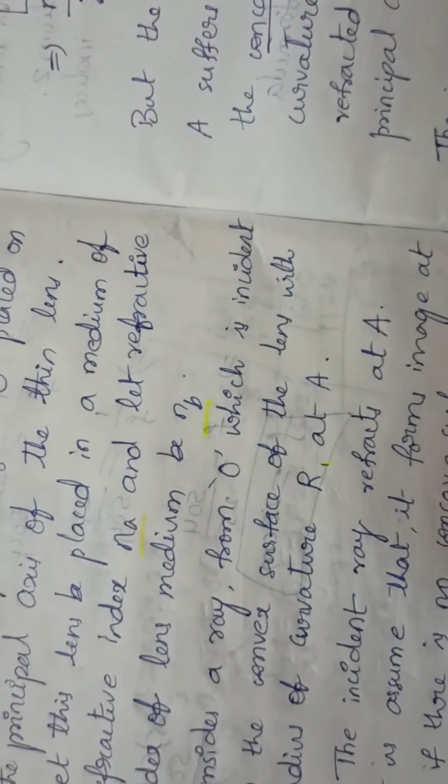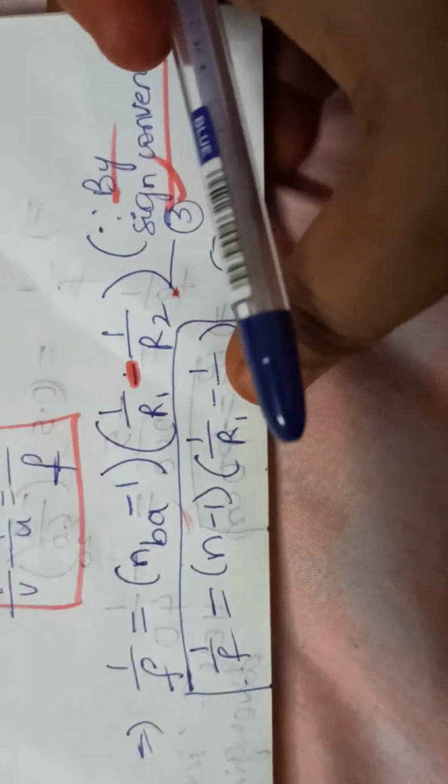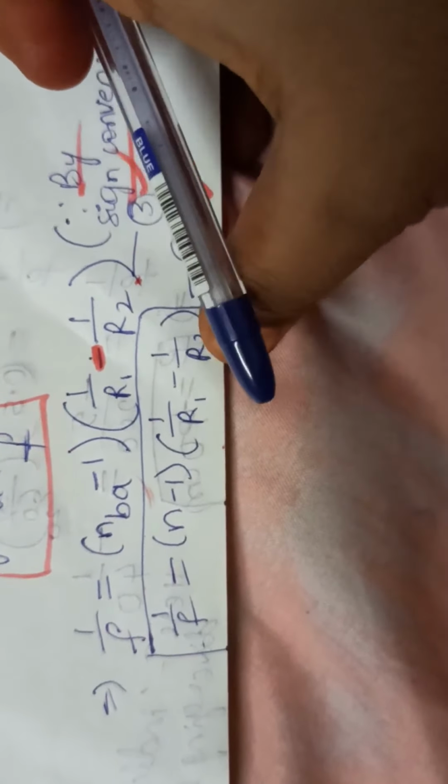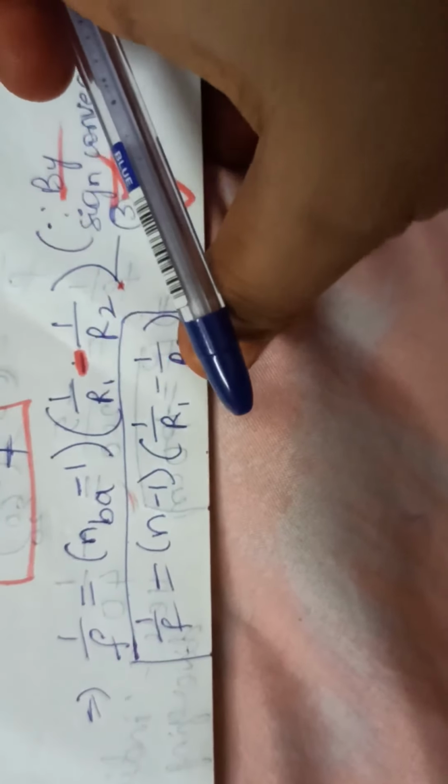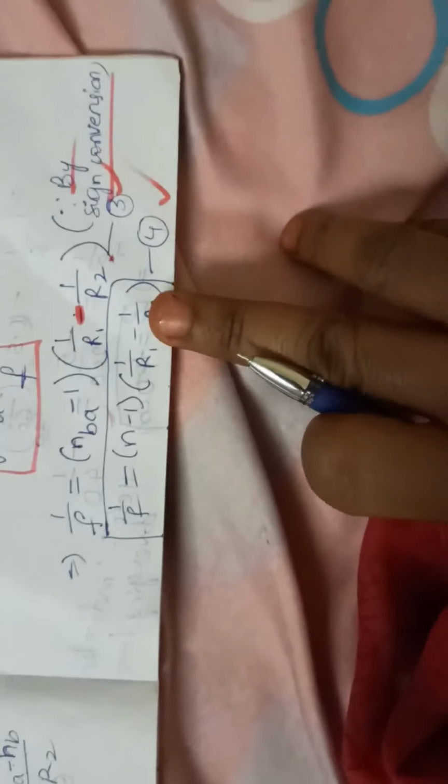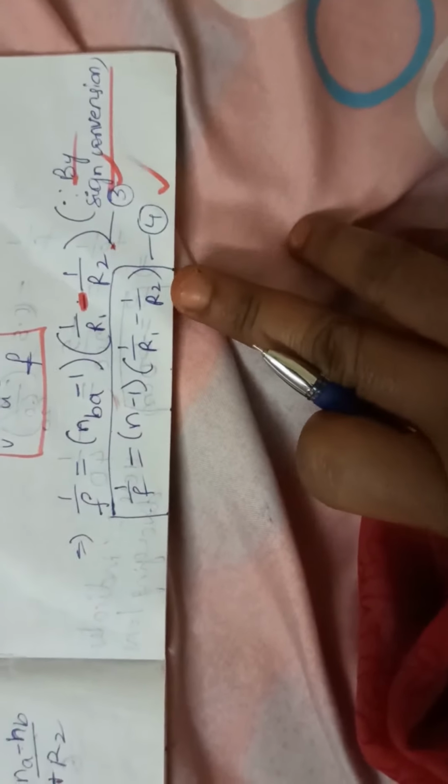So here, because we are taking minus R2, because of the sign convention we are getting this one. Twice we have taken minus, here also we have taken, then afterwards again we got minus R1. So that's why we are not taking it here, and afterwards, in the last, we are taking it, children; that's why here we got the sign convention minus. Here we are not taking that sign convention, we need to consider it afterwards.